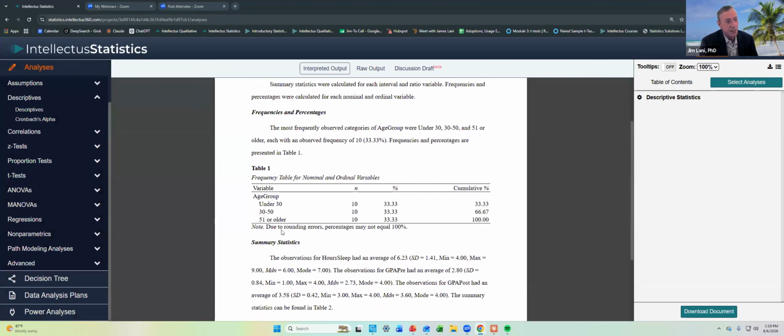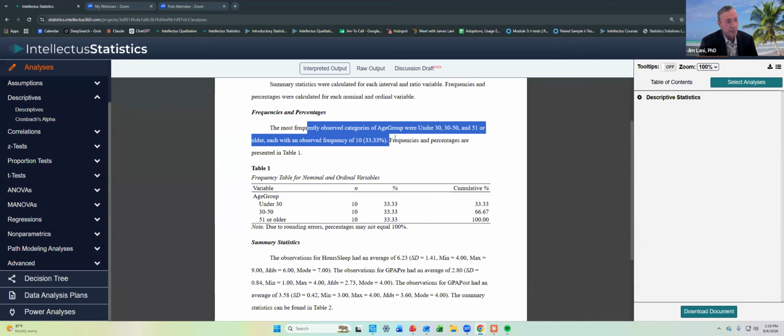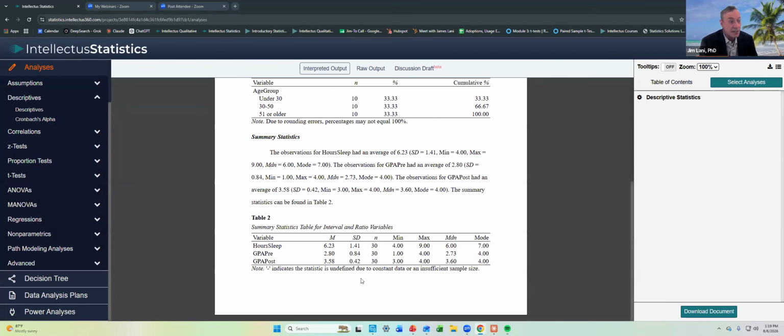And you can see for the age groups, the frequency and percent. By the way, nice scroll overs there and a little write up about that. For the scale variables, interval ratio, we have means and standard deviations, min maxes. You can edit this, and then a little write up in here.